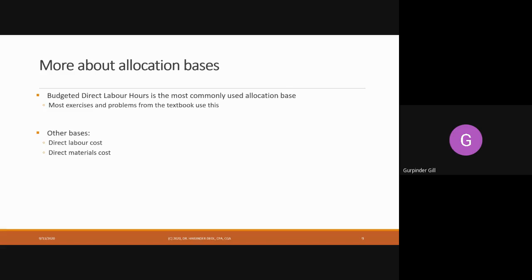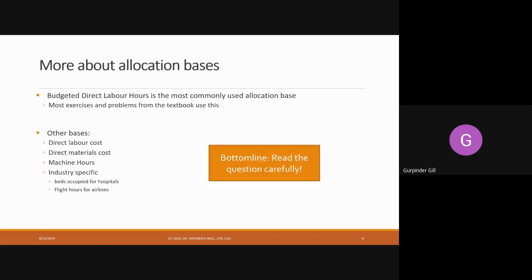You could have your direct material cost, your machine hours, or it could be something industry specific, such as the occupancy for the beds or the flight hours. All in all, the bottom line is read your question carefully to see how the company is allocating the manufacturing overhead rate. What's their allocation basis used?